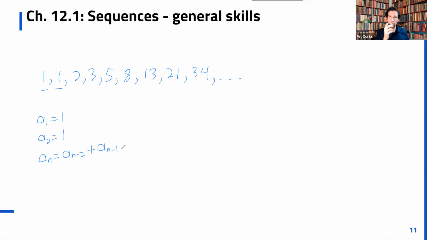So basically each term is the sum of the previous 2, but for the first 2 we have to spell out exactly what they are. So 1 plus 1 gives us 2, 1 plus 2 gives us 3, 2 plus 3 is 5, 3 plus 5 is 8, 5 plus 8 is 13, etc.